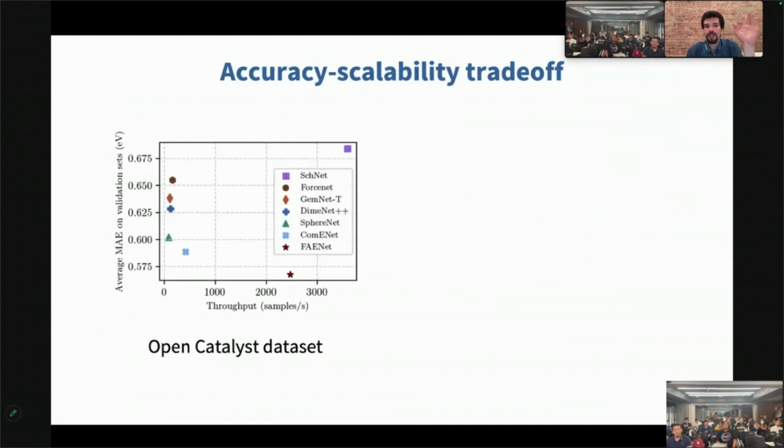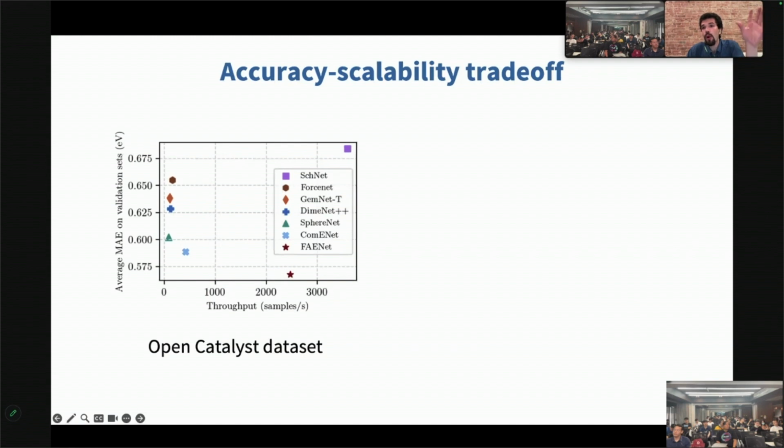Again, skipping over the details, you end up in a situation where you have a model, this is our star model, that is extremely accurate, so it is the most accurate of any model on this Open Catalyst data set, which is evaluating catalysts for low carbon energy applications. And it's also almost as fast as the fastest model while being better than the best model.